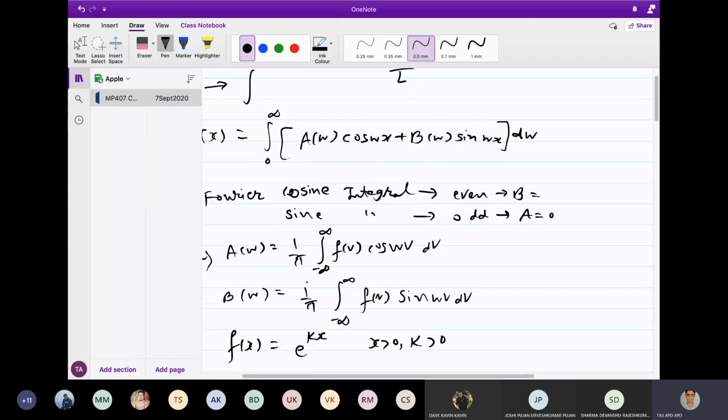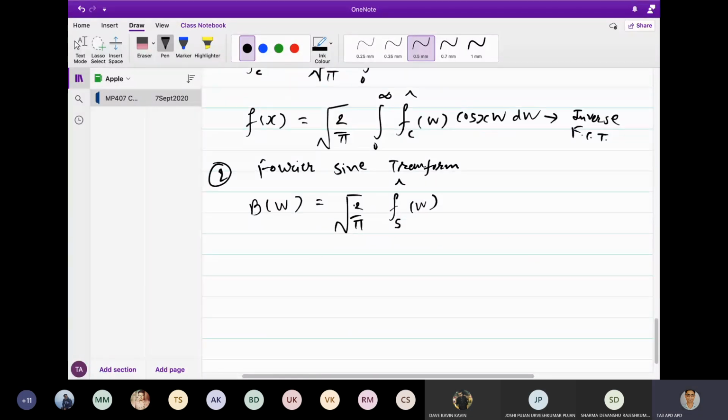This definition here is 2 by pi, 0 to infinity. So you are setting b equal to this particular notation, and from this you can write down the Fourier sine transform, which is equal to the factor under root 2 by pi, 0 to infinity, f(x) sin, and again you will change the parameter from p to x.